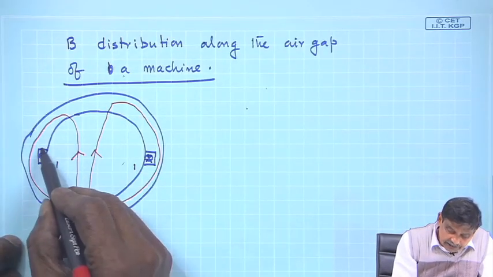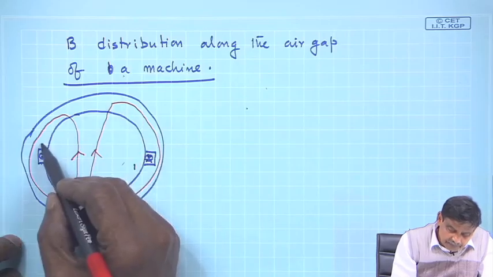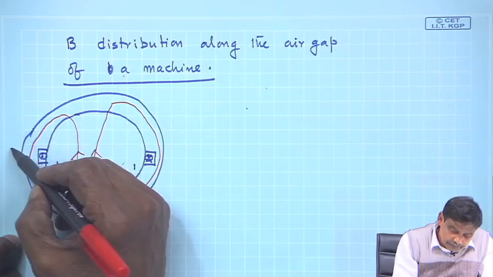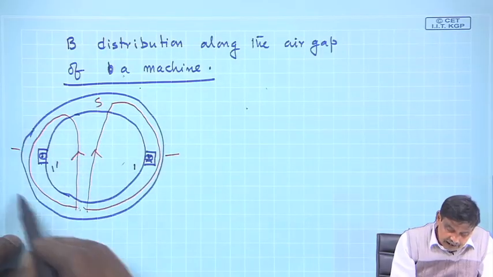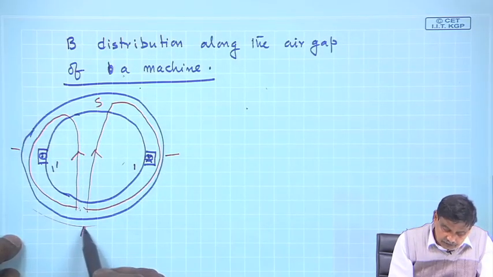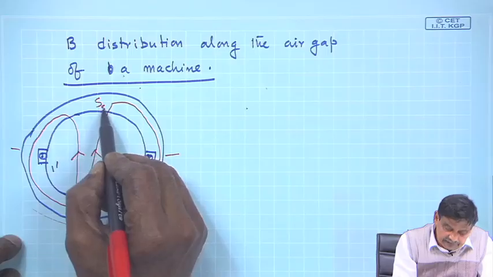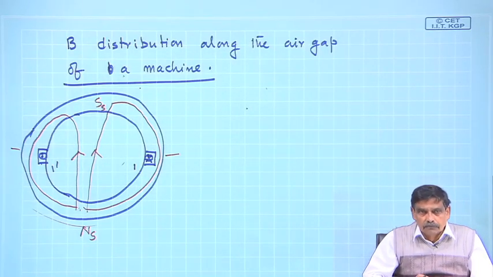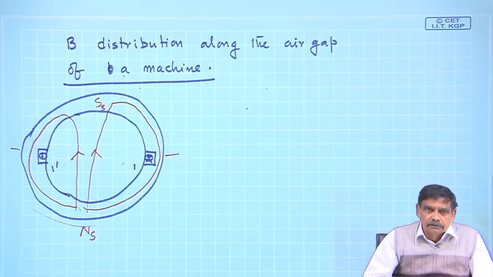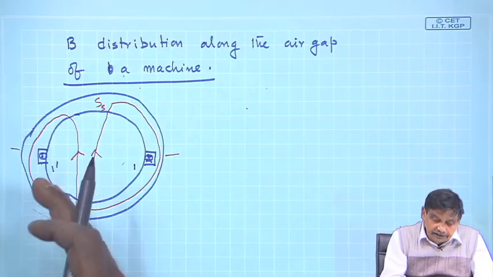So, what will happen? This hub of the iron will become a south pole, and this hub will become a north pole, NS and SS stator. Now, the question is, I want to estimate what will be the strength of that field and what will be the nature of that field.